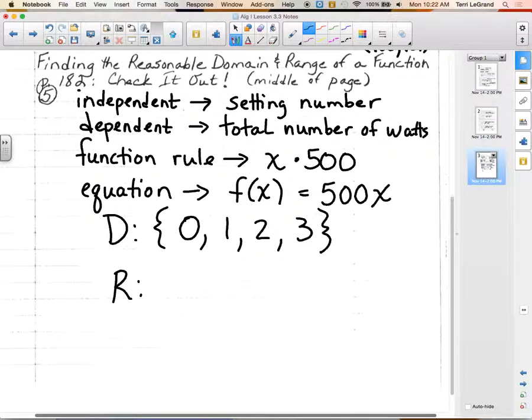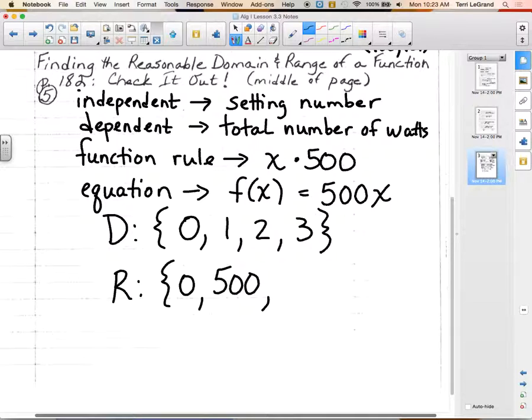Okay, the range is the output, the y values you get when you use those setting numbers. So what's our first range value? 0. There's no heat coming out when it's set at 0. What's our second range value? 500, or in other words, if you put 1 in for x in our function rule, 500 times 1 is 500.